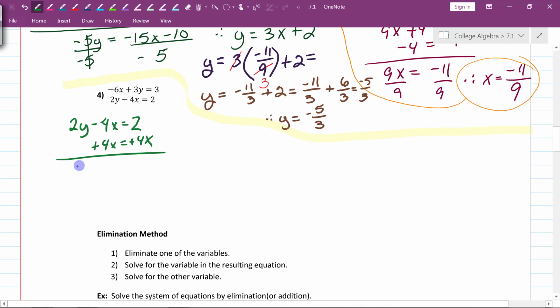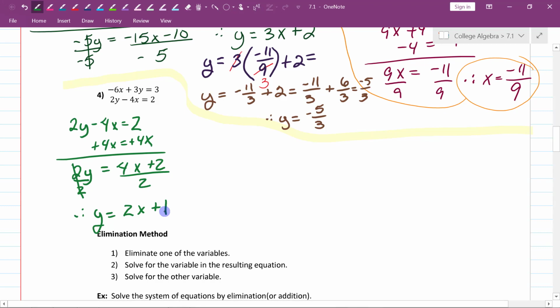So now I have 2y is equal to 4x plus 2. I'm going to divide both sides through by 2. Therefore, y is equal to 4 divided by 2 is 2x, 2 divided by 2 is plus 1. So y is equal to 2x plus 1.